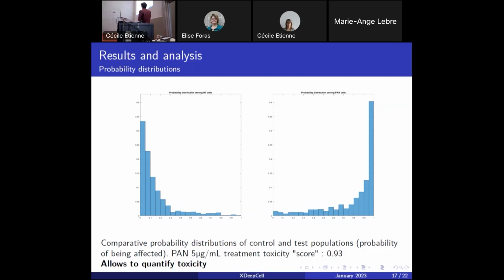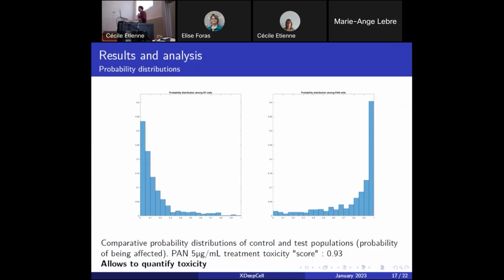And on the y-axis, it's the part of the population that belongs to this probability range. I can read the numbers, but I don't think you can here. But for the PAN-treated cells, there are a bit more than 40% of the cells that the classifier considers to be at least 95% deteriorated, or having a 95% chance of being affected.